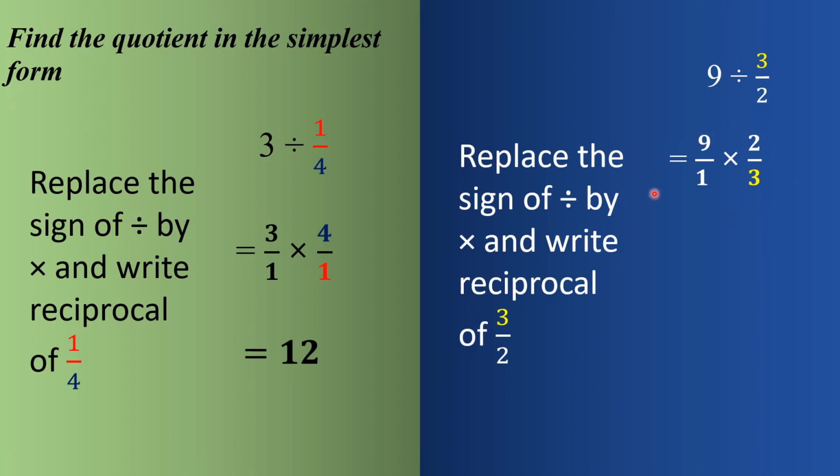Now this question is multiplication of fractions, so we can solve it very easily. 9 multiply 2 and 1 multiply 3. It means multiplication of numerators we will do, and we will do multiplication of denominators.